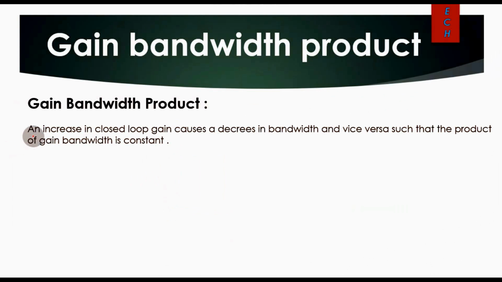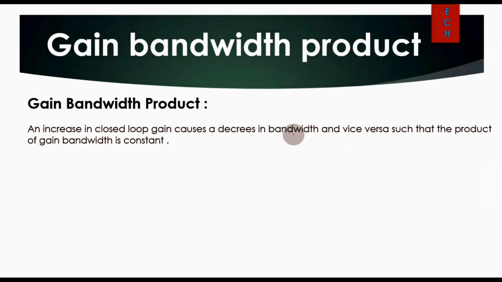If I want to summarize this, an increase in closed loop gain causes a decrease in bandwidth and vice versa. If you increase the gain, your bandwidth will decrease. If you increase your bandwidth, your gain will decrease.